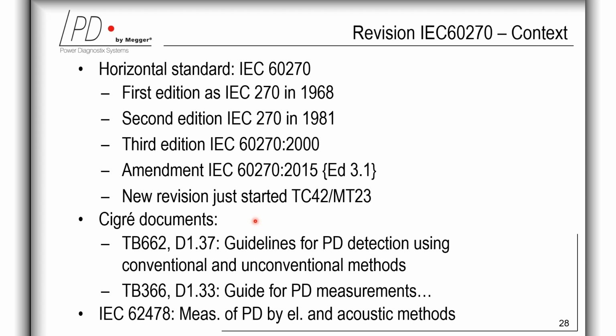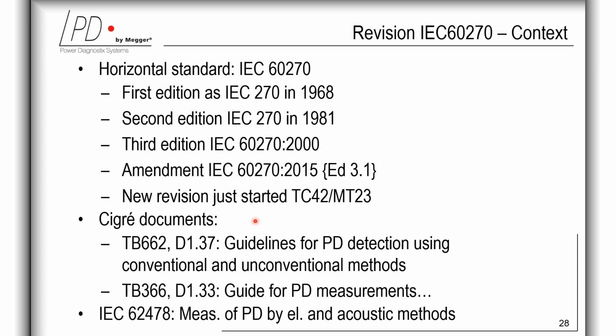Until the revision 2000 in NXC, it is stated in the standard that a detailed treatment of partial discharge measurements on objects with distributed elements in which traveling wave and complex capacitive and inductive coupling phenomena take place is beyond the scope of this standard. And the new revision has just started, which is called TC42 MT23.